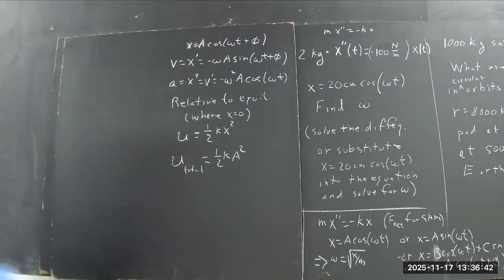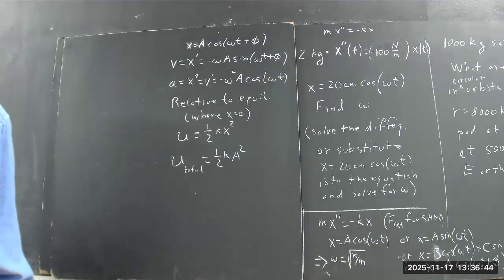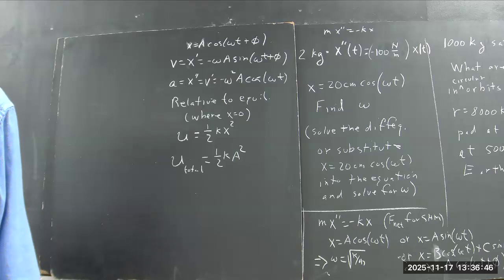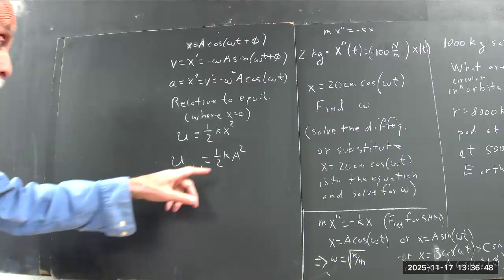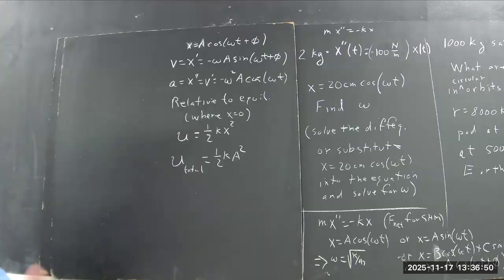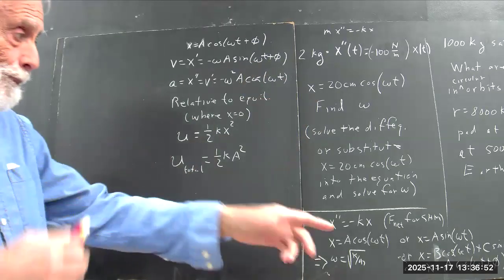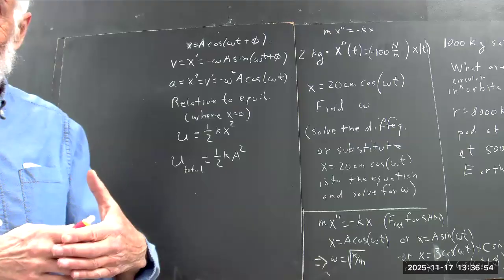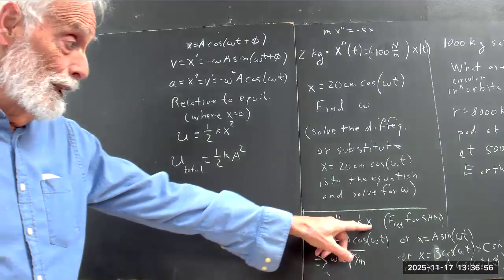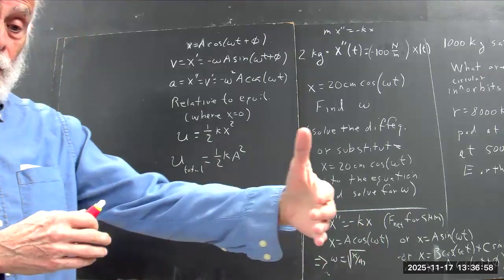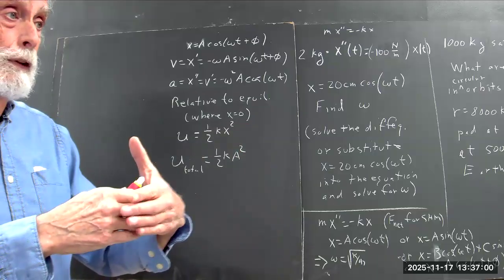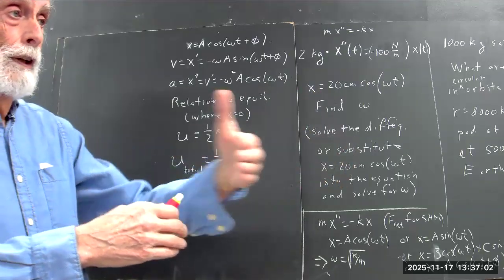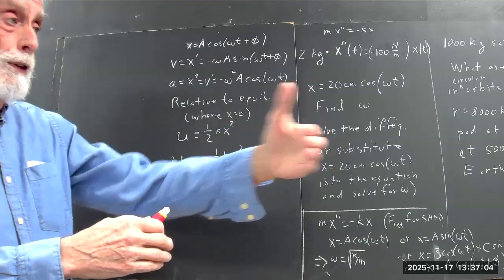The total potential energy for your simple harmonic motion is one half Ka squared. A is your maximum value of x relative to equilibrium. That means if you're going out to here, then you're coming back to here. A is the same.